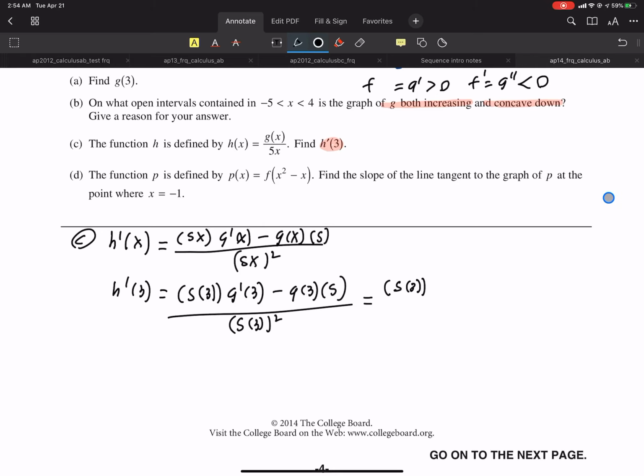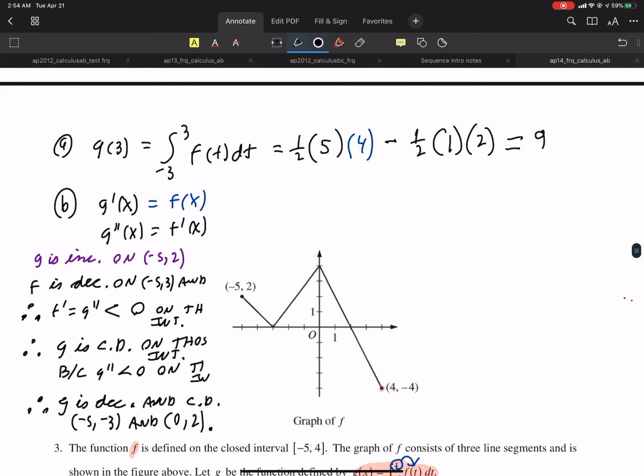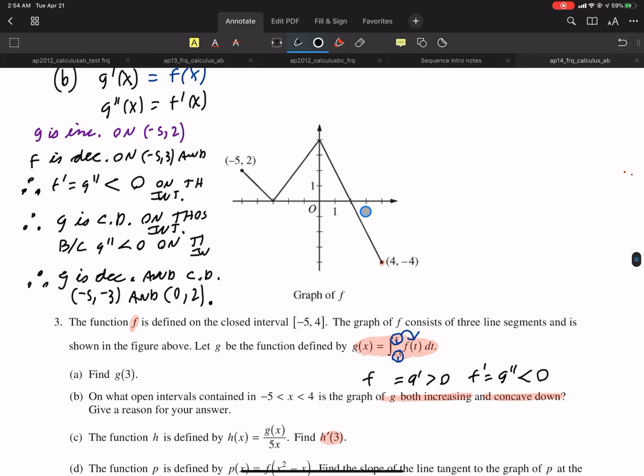G prime. Okay, let's look. G prime at 3 is just F at 3. Oh, we found that earlier. It was -2. We did that earlier.